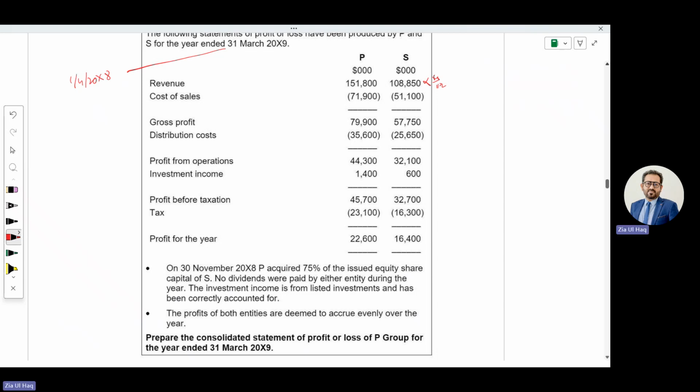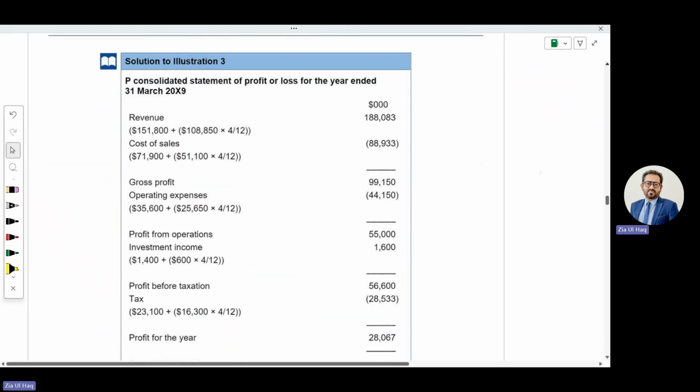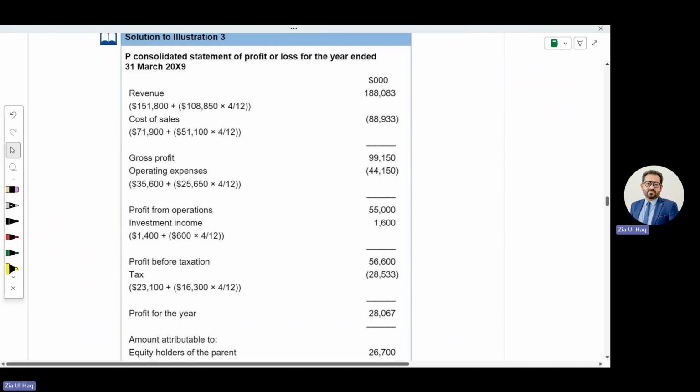So how will we consolidate this, plus 108,850 into 4/12? What is the amount we will add with this? Again, for cost of sales, we will multiply by 4/12 and then add. See this: revenue, parent company complete, subsidiary into 4/12.